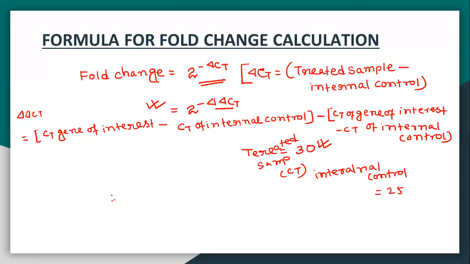So the fold change for that gene will be 2 to the power minus delta CT.